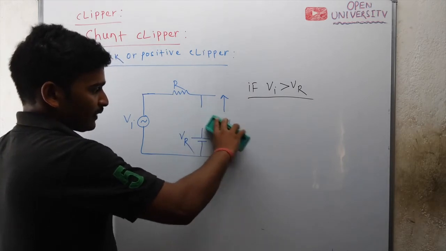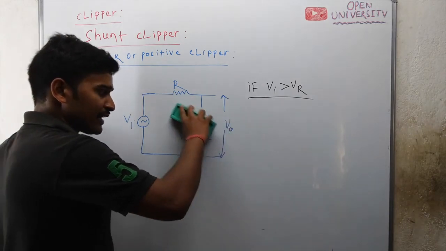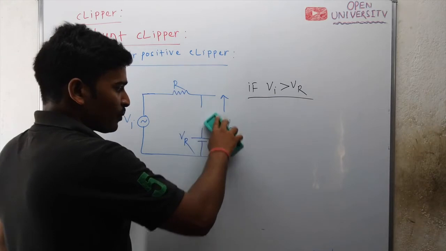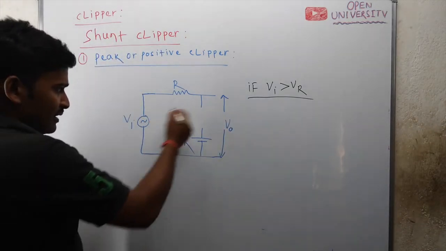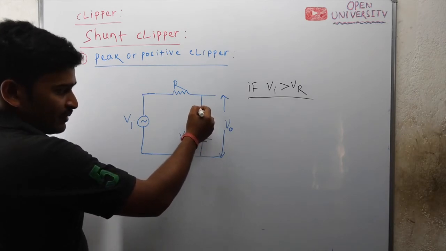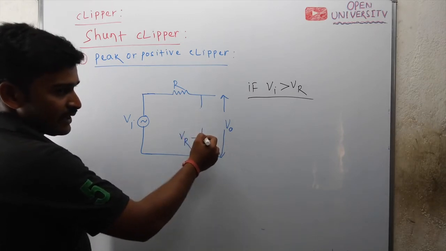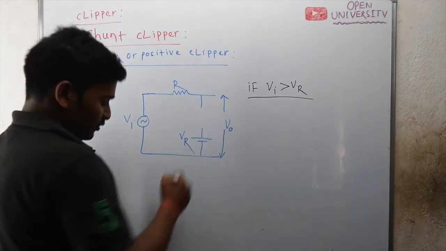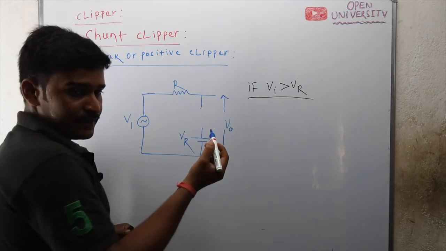Now what is the voltage available at this point? Vi. If this Vi is greater than VR, this is VR, then what will happen to your diode? The diode will be forward biased.